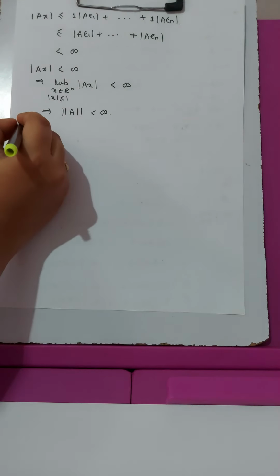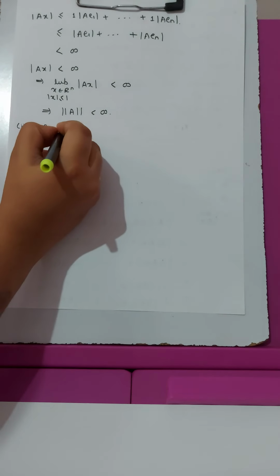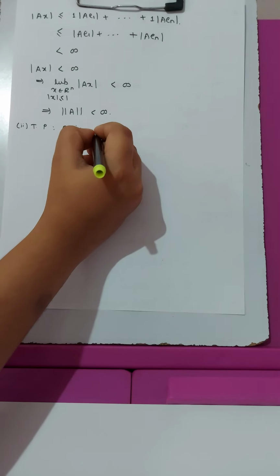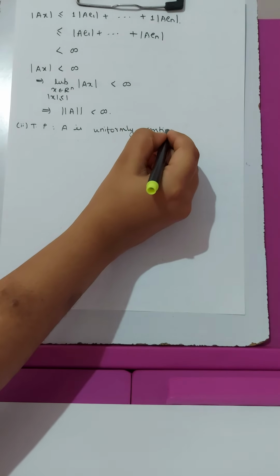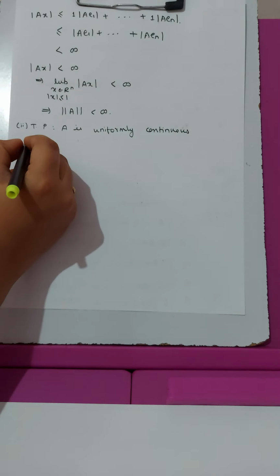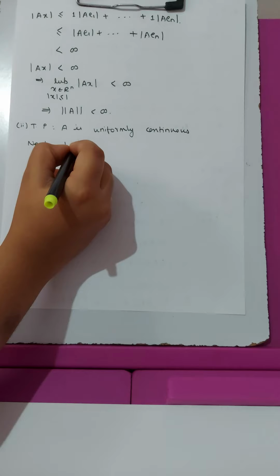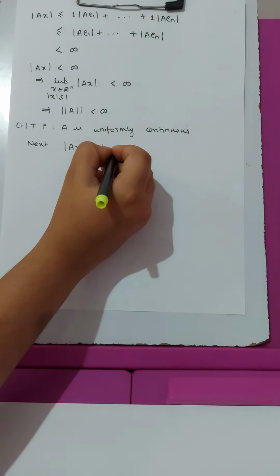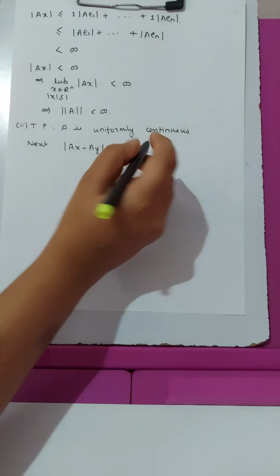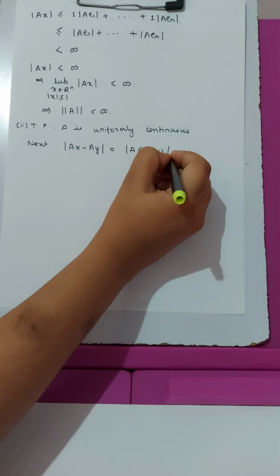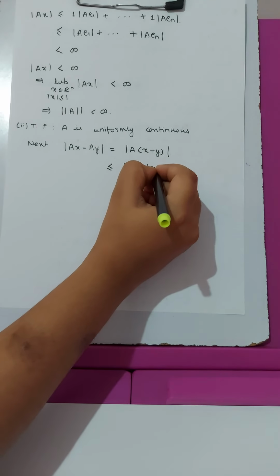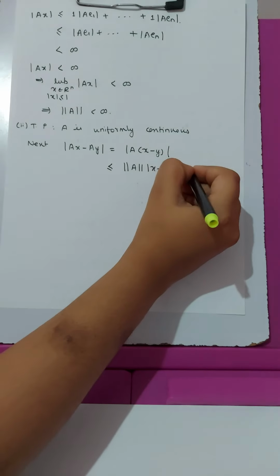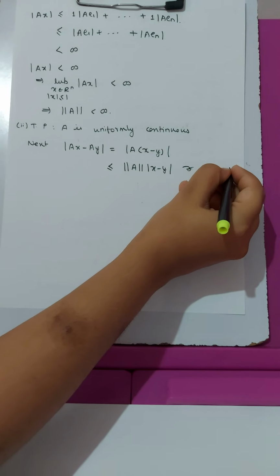Now in the second part, we have to prove that A is uniformly continuous. So next we consider mod of Ax minus Ay. Since A is linear, we can write it as A of (x minus y). This will be less than or equal to, by the result, norm of A times mod of x minus y for all x, y belonging to Rn.